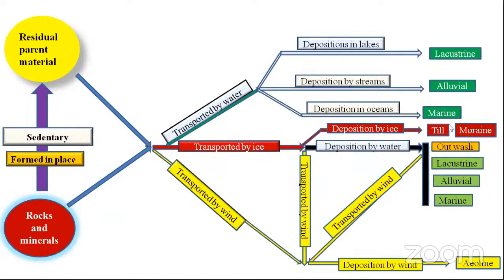So regarding residual or sedentary parent material or transported material, this slide explains the entire concept: transported by water, by ice, by wind. This is all sedentary. Sometimes you can see residual parent material also.